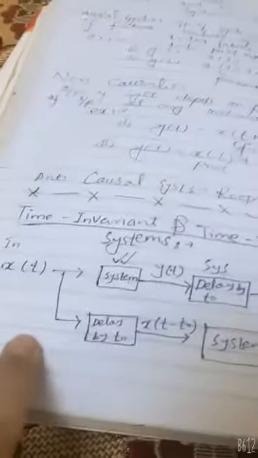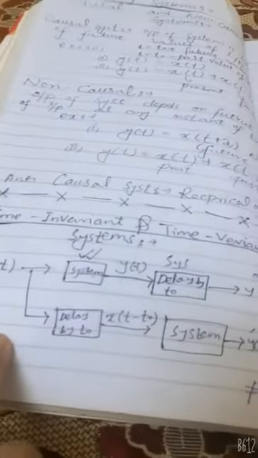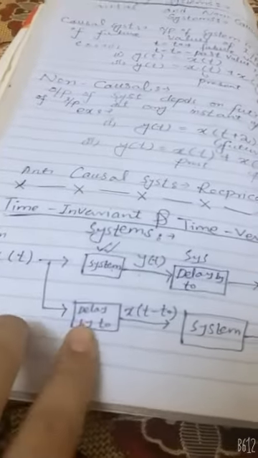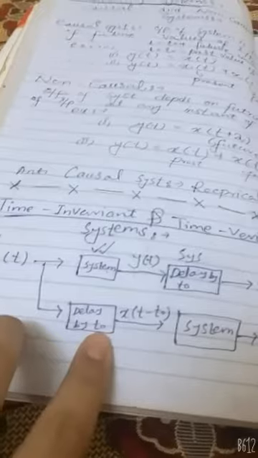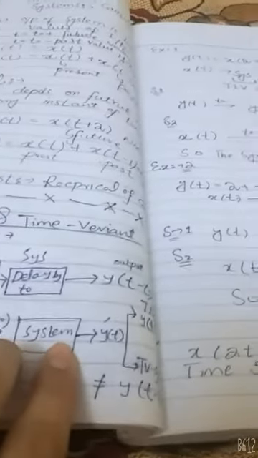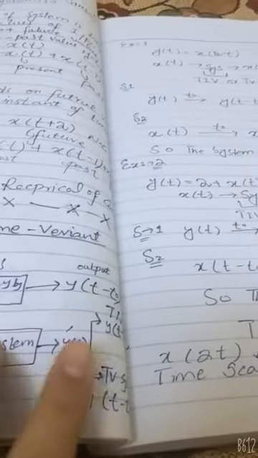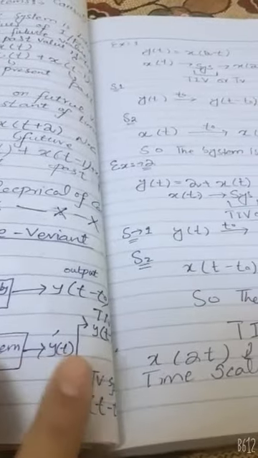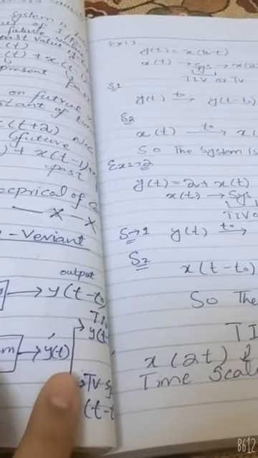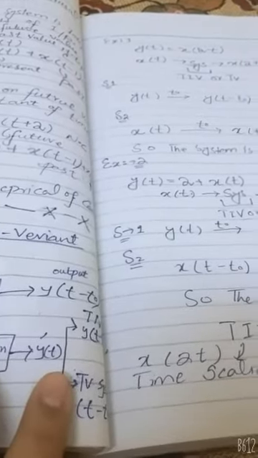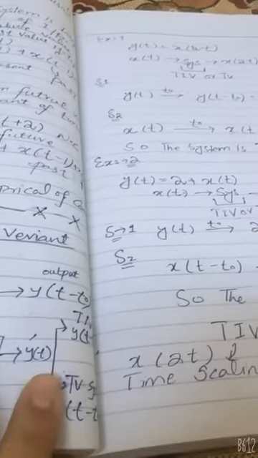I follow step 2 which we defined in this diagram. For step 2, x of t is first given some delay t naught, and after bringing in the delay we pass it through the system. After passing through the system, the output y of t occurs, and then we check whether some delay occurred or not.